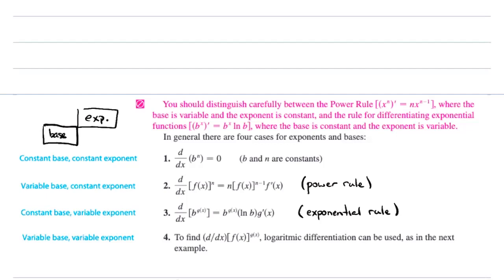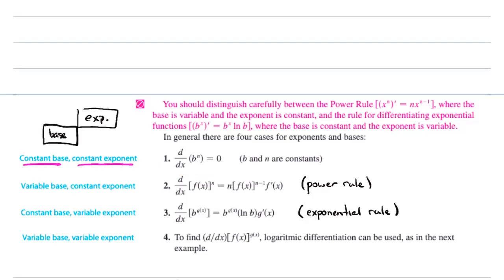So if both that base and that exponent are constant, then the exponential expression is a constant, and so its derivative is 0. That's what the author is telling us in this first line. If both the base and the exponent are constant, then the derivative is 0.